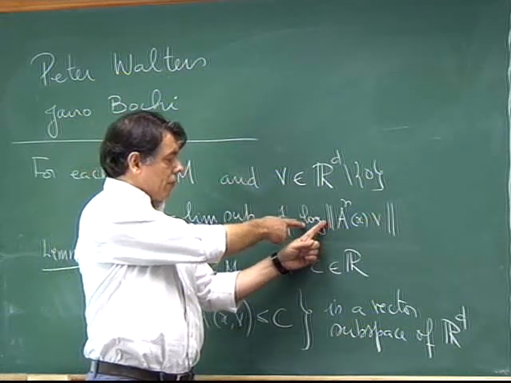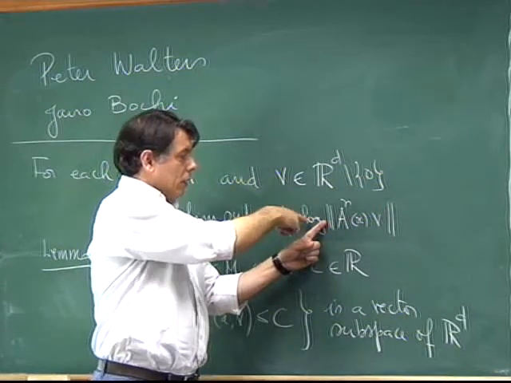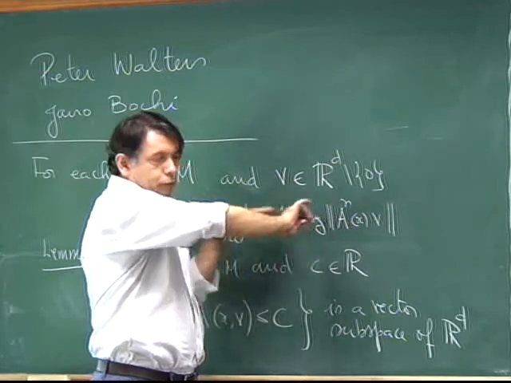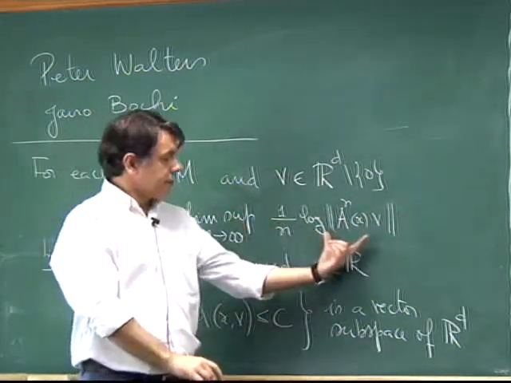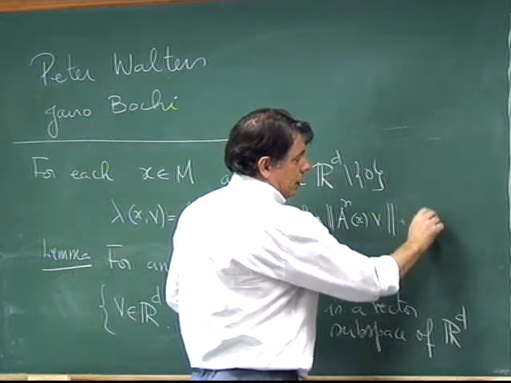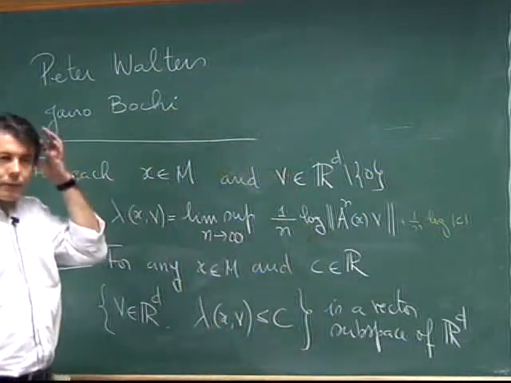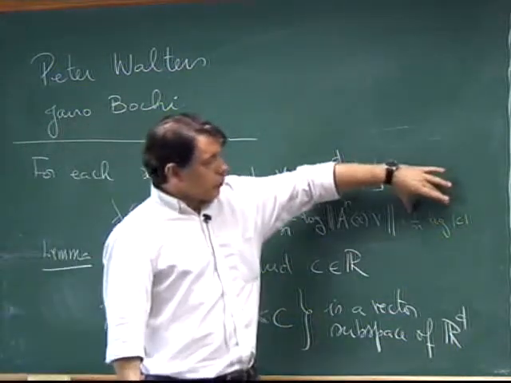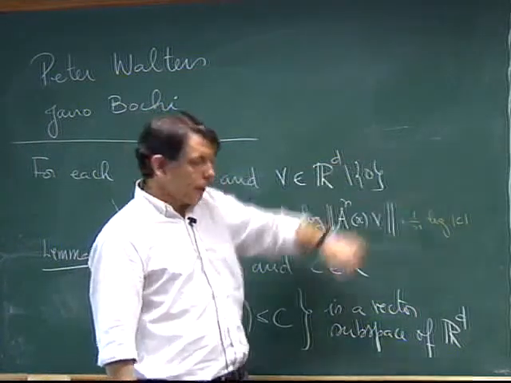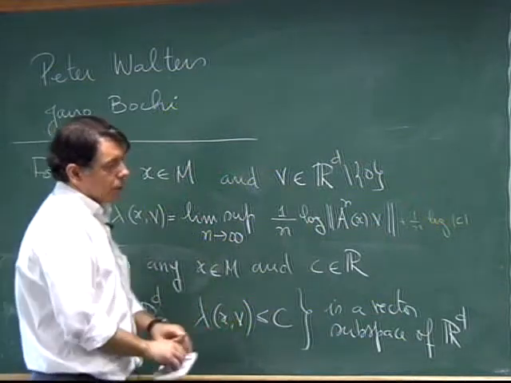So you have logarithm of the constant multiplied by this. The logarithm of a product is the sum of the logarithms, so you split this into two terms. One is this, and the other one is 1 over n logarithm of the constant. And then this term goes to 0 because you are dividing by n. Okay? So if v is here, any multiple is here.